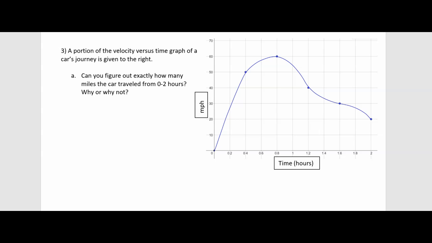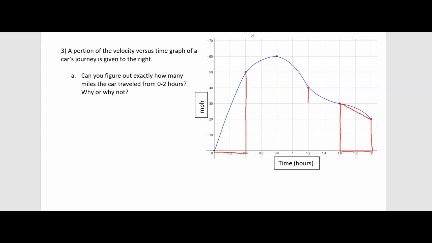So if you were trying to break this up into shapes, you could. Like this shape is pretty close to a triangle, but it's not a triangle, because the hypotenuse is curved. Same thing if you tried to break the rest of this up. This piece right here, almost a trapezoid, but this piece up top is not straight, it's curved.